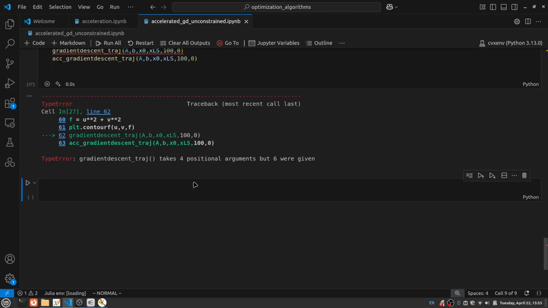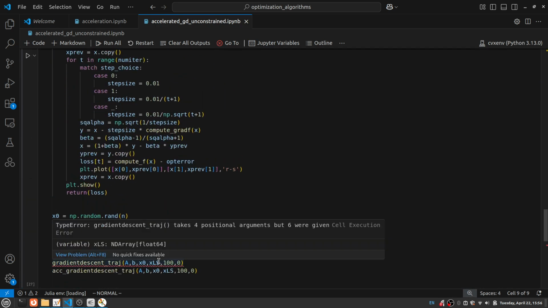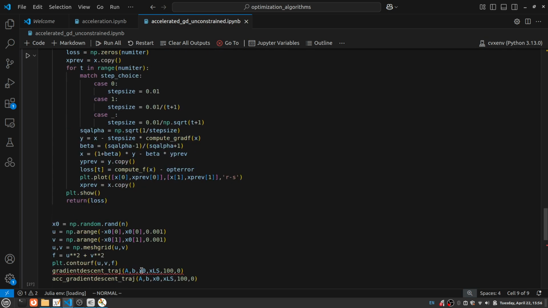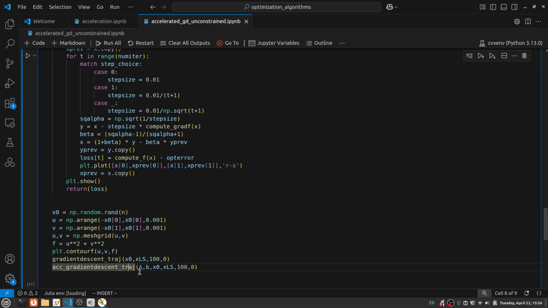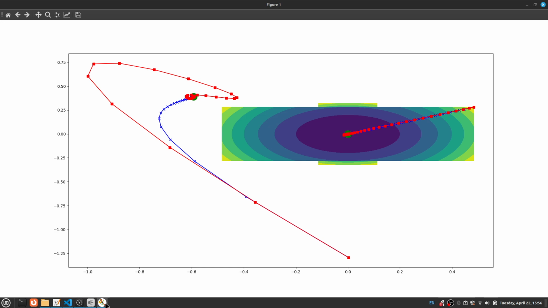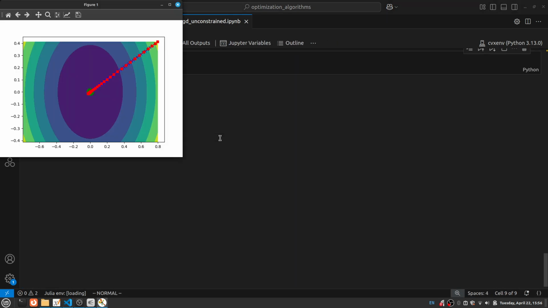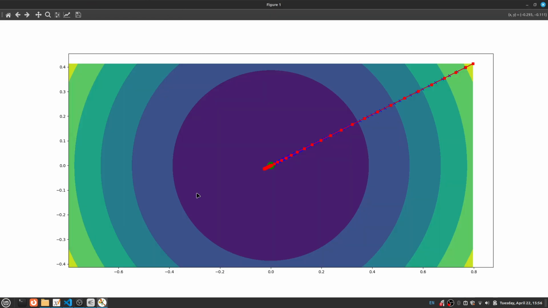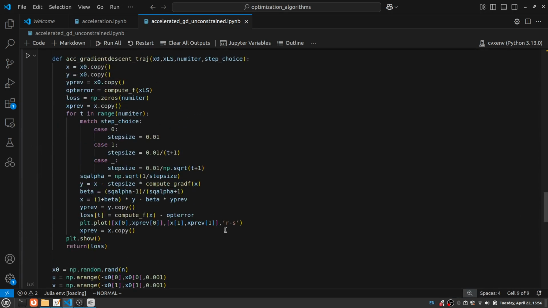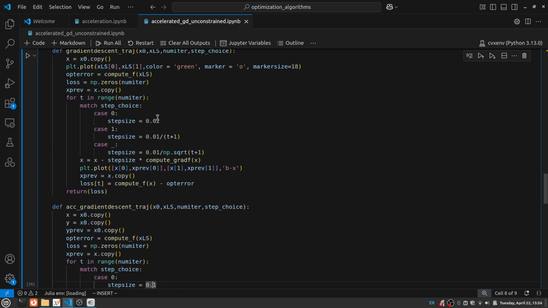Do this. A and b. Okay. This took a different step size.